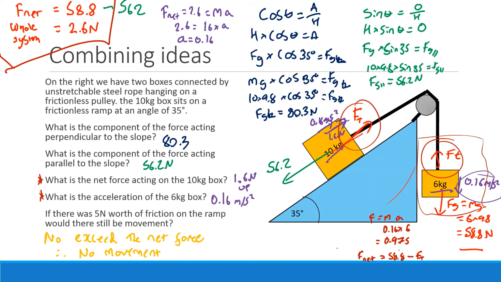If I take our net force and I subtract 58.8, that will give us the negative tension force, or the tension force, the other tension force. So if I do this really quickly, the net force, which was here 0.975, sorry, I pretty much lost that 9 there, 0.975 minus 58.8 equals the tension force.